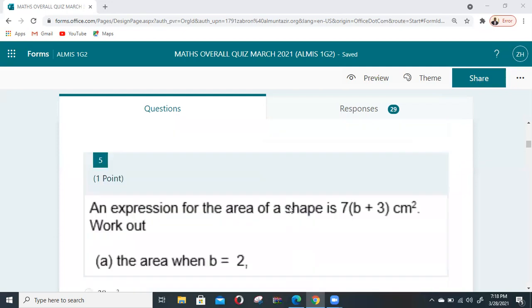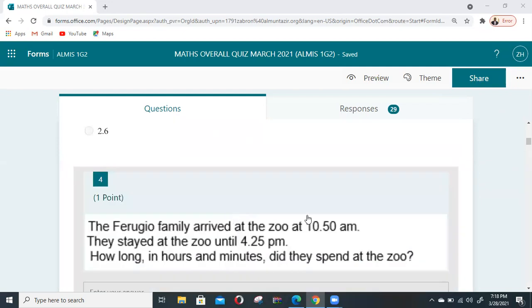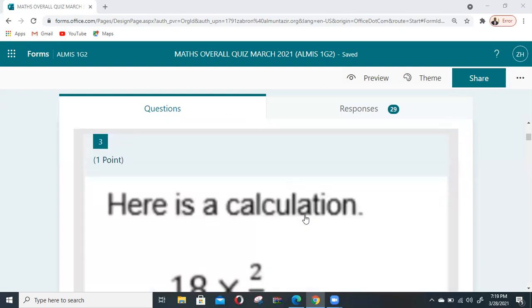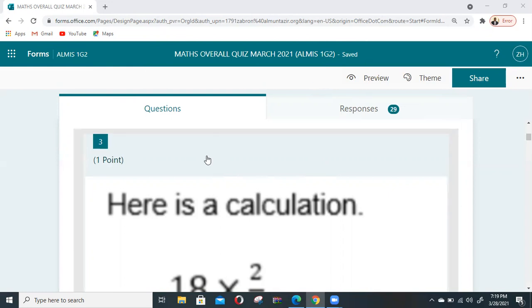Now, to help all those students who are in trouble, I decided to say, okay, I'll be logging in 1G2, as you can see here. I'll be logging in as a student in one of the classes which I teach.